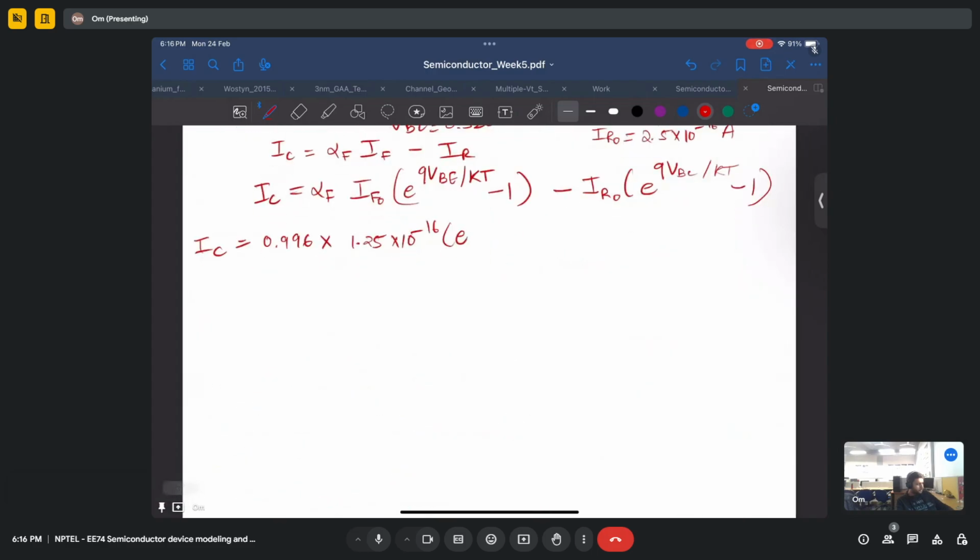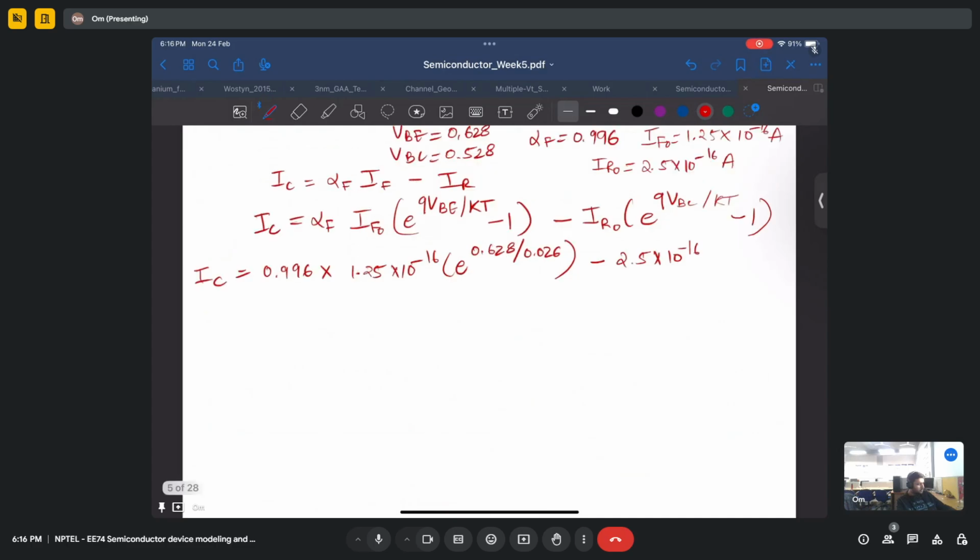So substitute these values. 0.628 by kT by q, which is 0.026, 26 millivolt. We can skip the minus one, it will not add any impact. Minus 2.5 into 10 to the power minus 16 into e to the power 0.528 by 0.026.